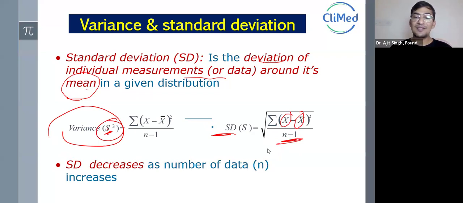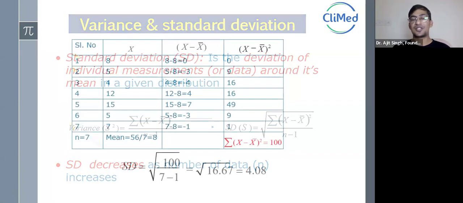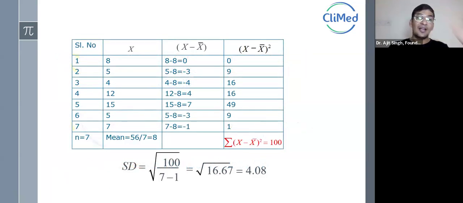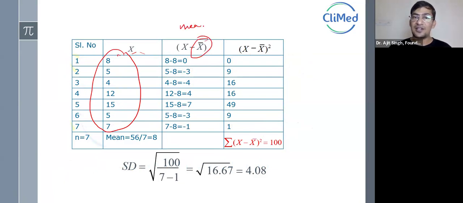How to calculate it is very simple. If you are calculating it by yourself, it's very simple. I'll tell you. Look at this. There are seven values. So what is x and what is x bar? X is the value and x bar is the mean.